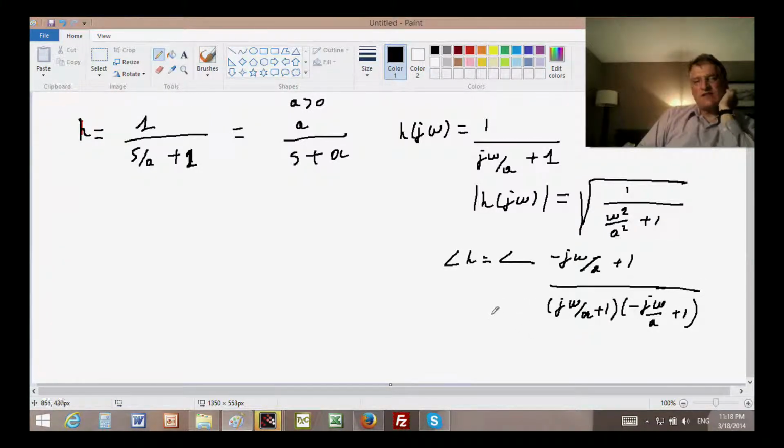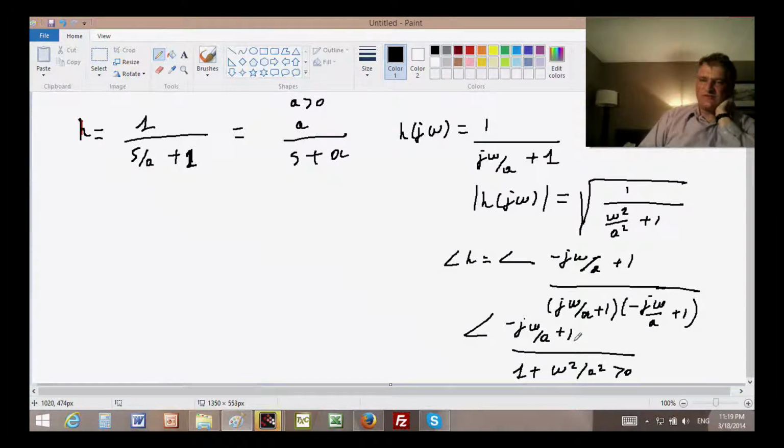And that would be the phase of minus j omega over a plus 1 divided by 1 plus omega squared over a squared. Since this is just a positive number, the phase will be the phase of the numerator.